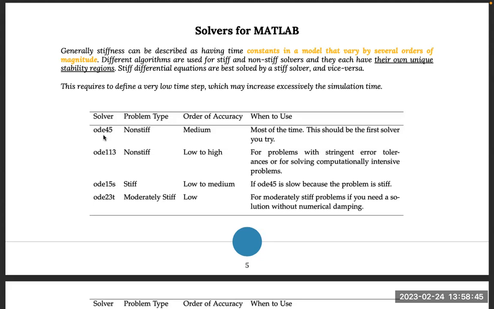So any system that you have, you can use ODE45. It's going to be okay. It has a good low error. However, when you have some stiff system, like some approximate models of the power system, you would prefer to use 15S or 23T, so you can capture those fast dynamics. That's the idea.